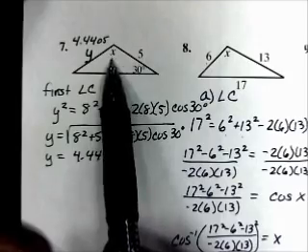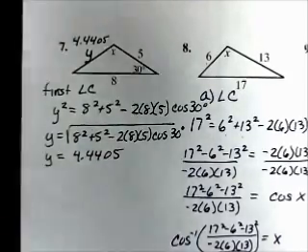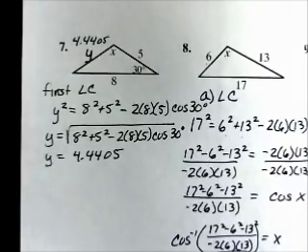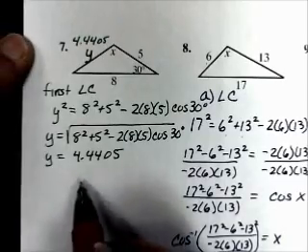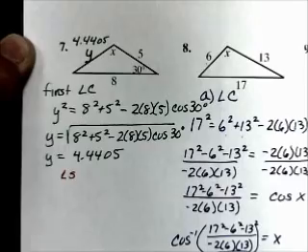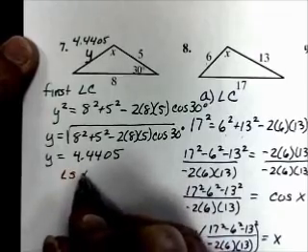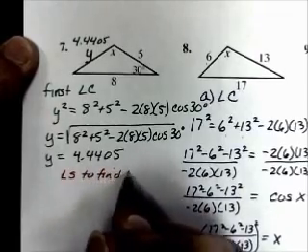We could use law of cosines and start with 8 squared is equal to the sum of the squares of the other two sides minus twice their product times the cosine of angle x, right? But for practice, I'm going to use law of sines. We could use law of cosines, but just so we get the practice of both laws, I'm going to use law of sines to find x.